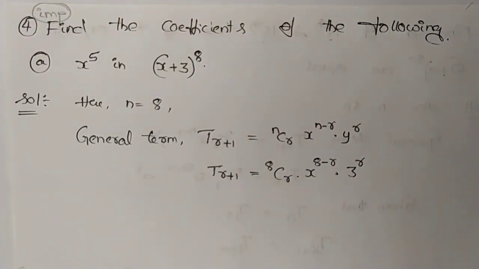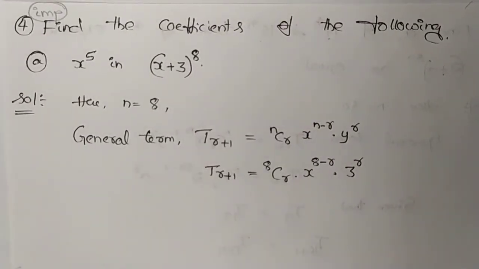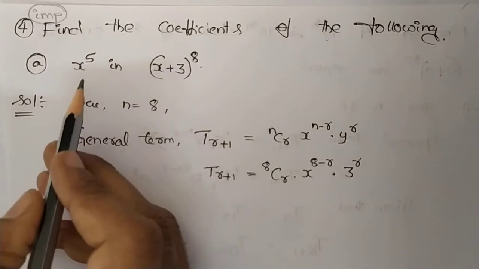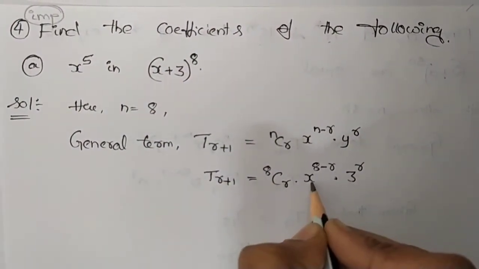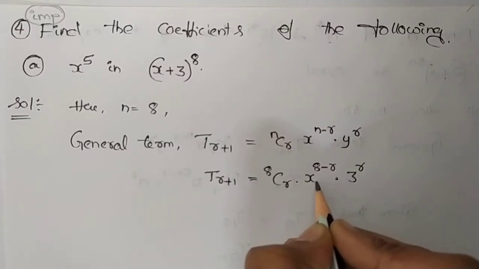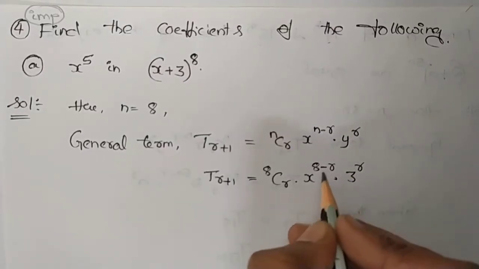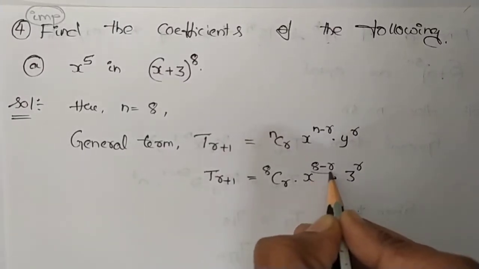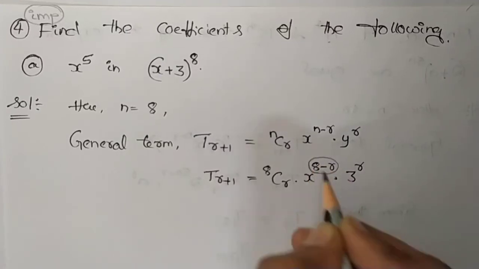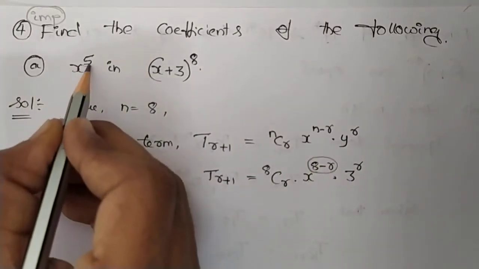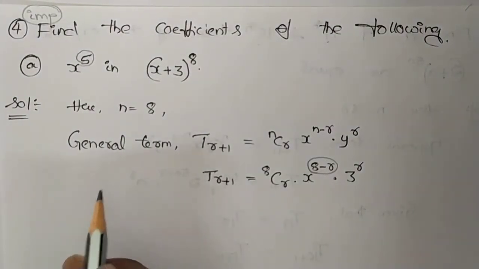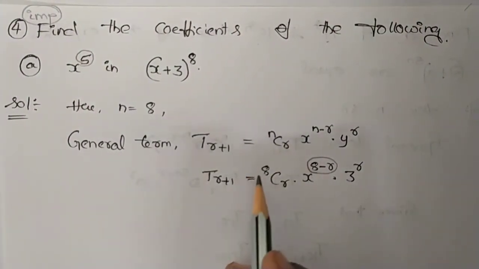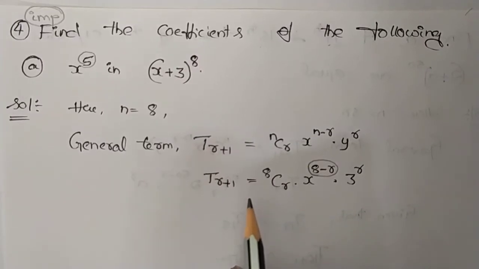Now we need to find the coefficient of x power 5, so compare the powers of x. For these kinds of questions, first we have to find the general term.